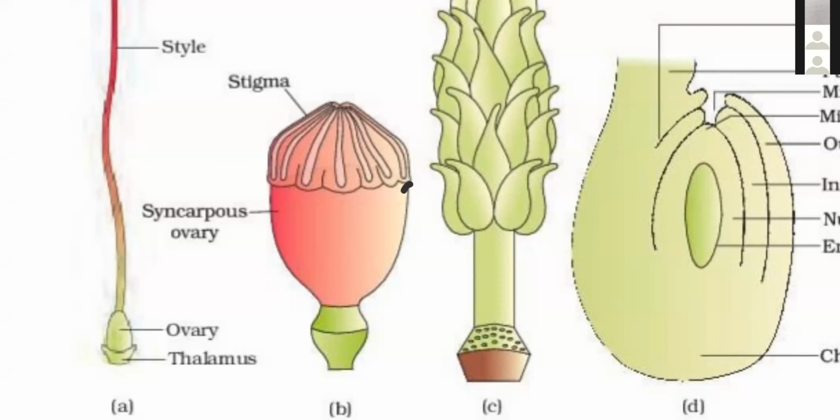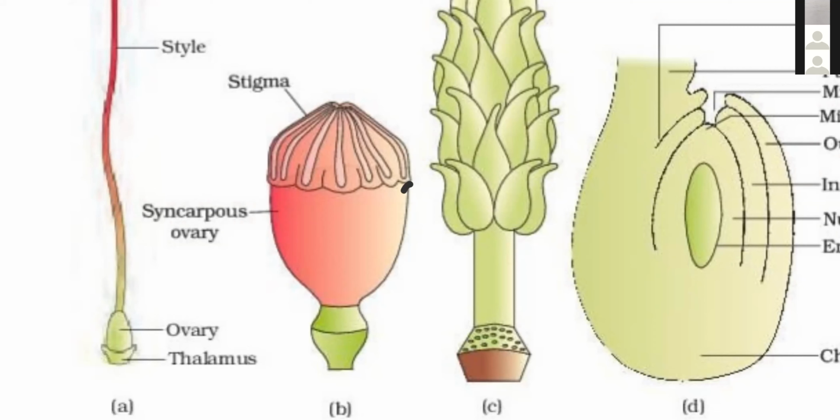Coming back to the megasporangium, another name is an ovule. Within the ovary, the ovule will remain attached to which structure of the ovary via funicle? Yes, Placenta. Mind you, the ovule remains attached to the ovary via funicle, and the point where it remains attached is called placenta.